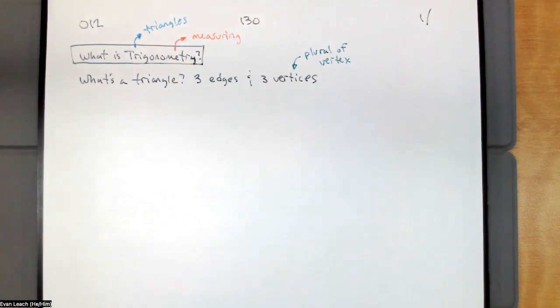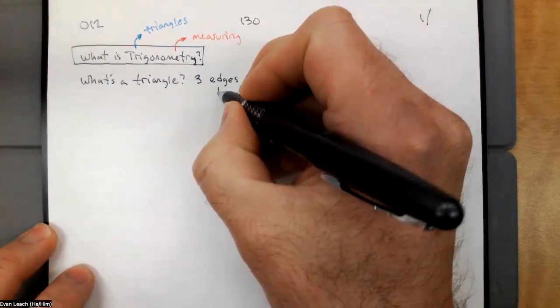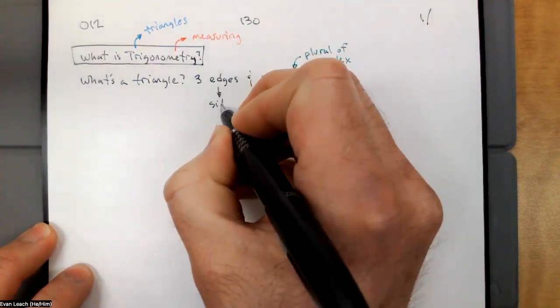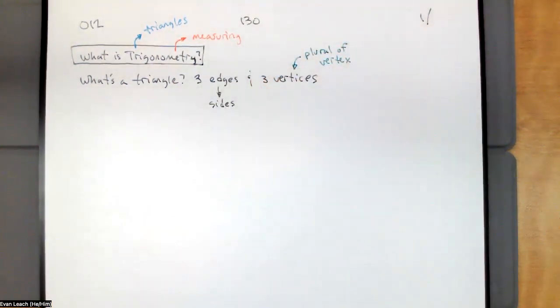This is not how we're going to think about triangles, because we are going to be measuring triangles. So these 3 edges, we're going to call by their more common name, sides. And the 3 edges and the 3 sides will give us 3 angles. The vertices are not necessarily angles, they're just points. Angles require not just a point, but also 2 sides or 2 edges to make an angle.